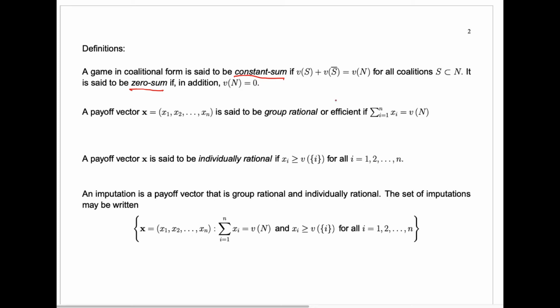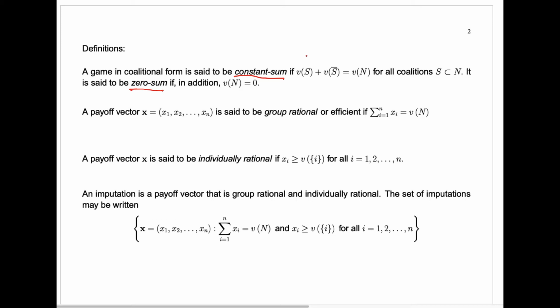Now, we saw an example of a constant sum game in the previous lecture. For example, the game where there was a pot of gold that 3 people found worth $4 million, and any 2 of them could betray the third one and take the pot of gold.